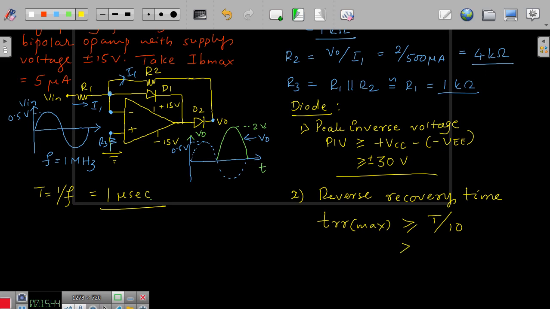So this should be 1 microsecond divided by 10, so it should be 0.1 microseconds. Is that fine? All of you are able to understand this? Any doubt or any difficulty here in this problem?